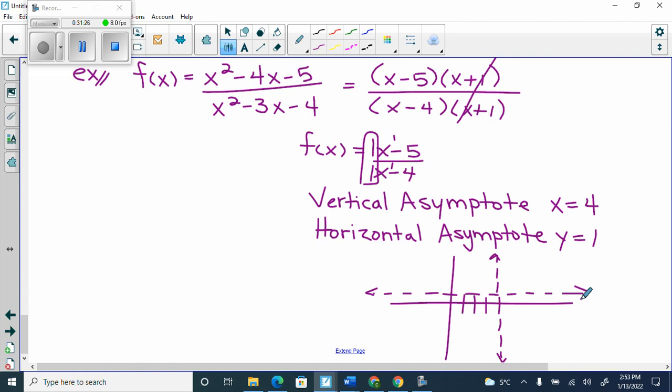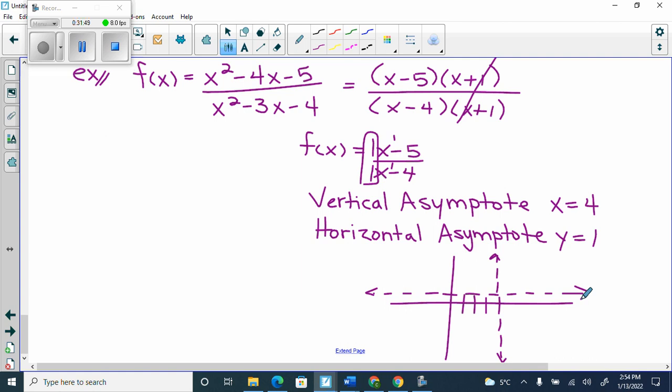If you did the top number divided by the bigger number without the simplified version, would that work? She means like the x squared over the x squared. What you always do is simplify. Yes.